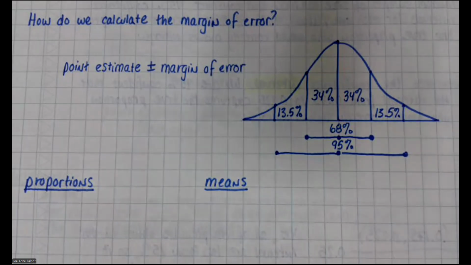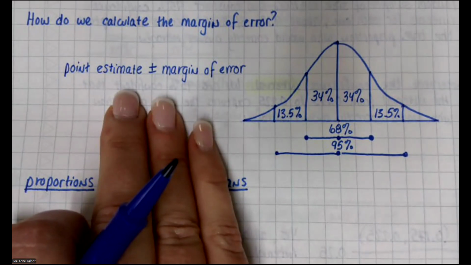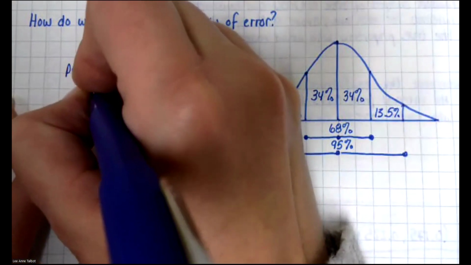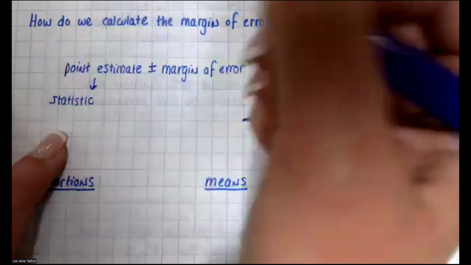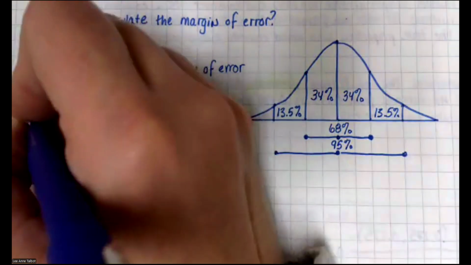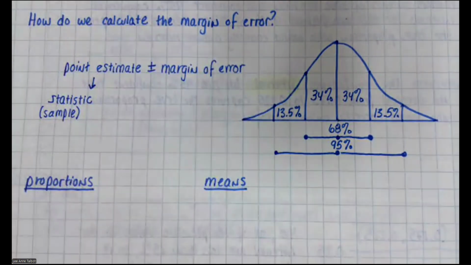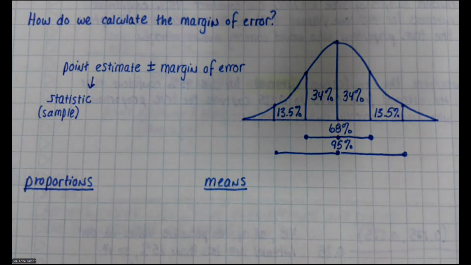And on your yellow sheet, these pieces here are sort of broken down in a different way. So the point estimate is represented as statistic. That should make sense to you because that is something that's given to you from your sample. For chapter 8, it's going to be mostly proportions.